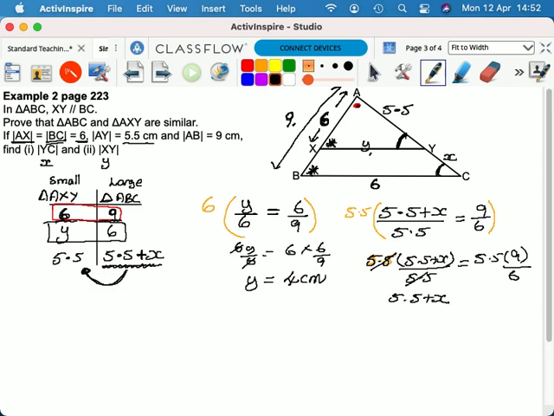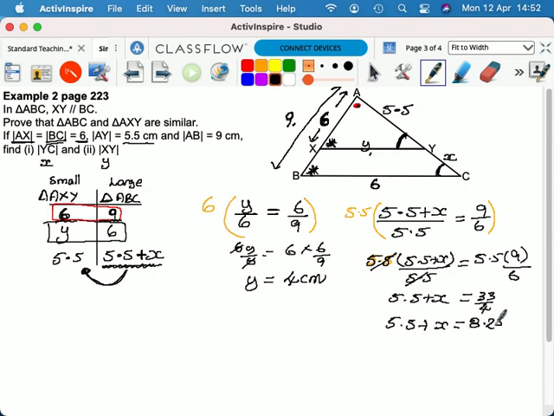So 5.5 times 9 divided by 6 is equal to 33 over 4, which is there a neat version for that? Yes, it is, 8.25. So 5.5 plus x is equal to 8.25.